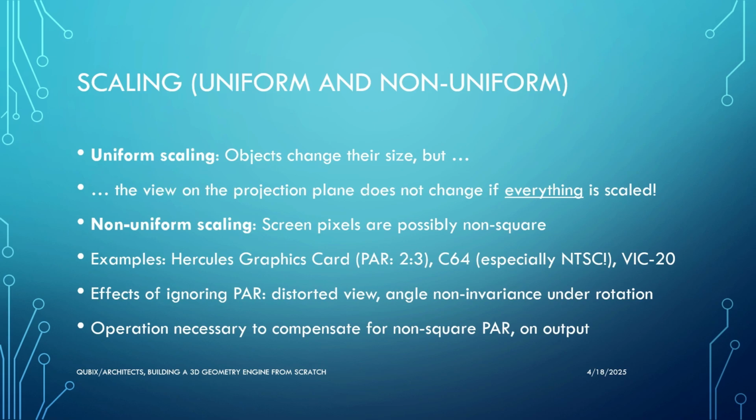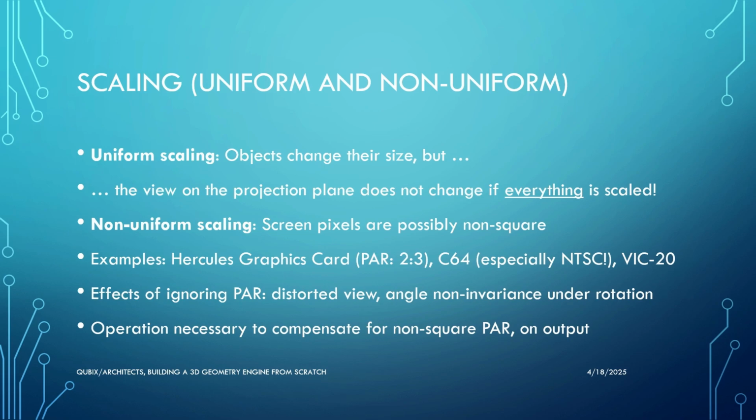For example, the Hercules graphics card has pixels that are only about 2/3 wide as they are tall, and they are clearly non-square. Also, the NTSC C64 has non-square pixels, and on the VIC-20, they are also non-square. They are more wide than they are tall.